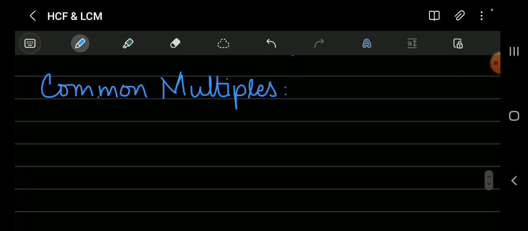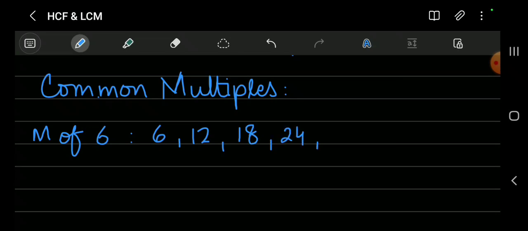For example, if you need to find the multiples of 6, so 6 is a multiple of 6, then 12, then 18, 24, 30, and so on.